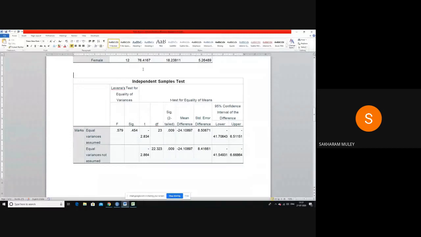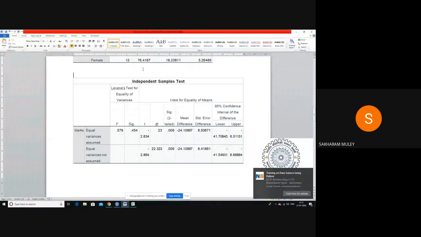the two variables is the same. That means there is no significant difference between the variance of the marks when compared between male and female. And the alternative is that there is a significant difference between the variance for male and the variance for female in the variable marks.